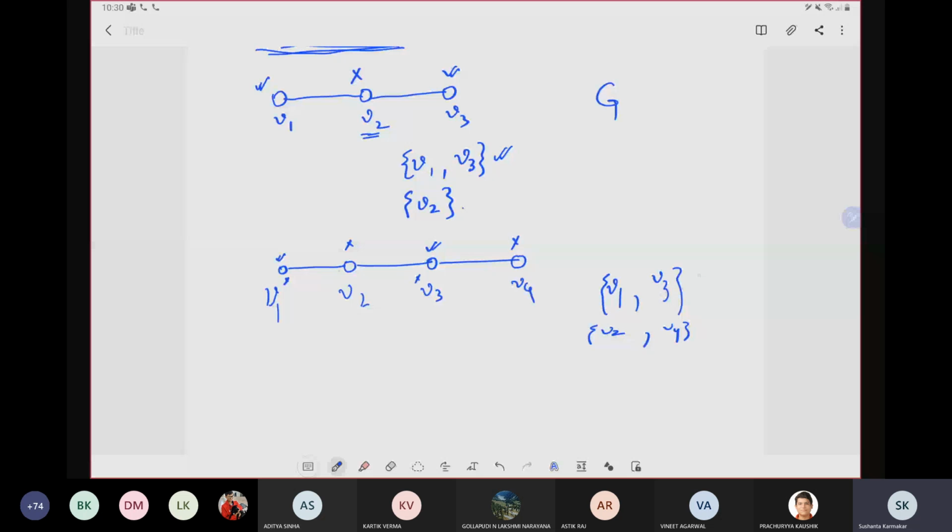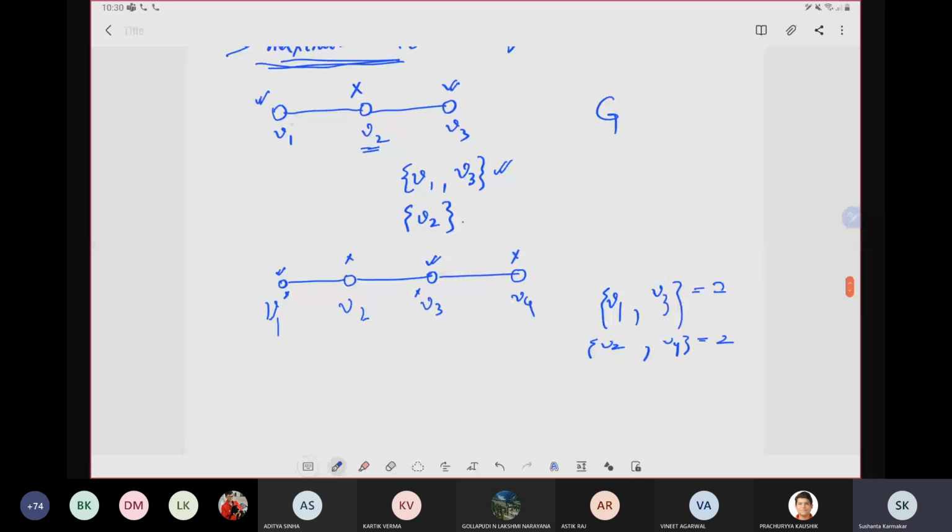If I take another chain of size 5, you can think in general of chains of odd size or even size. If the chain is of odd size, you can follow this principle: take alternate elements starting from the beginning.